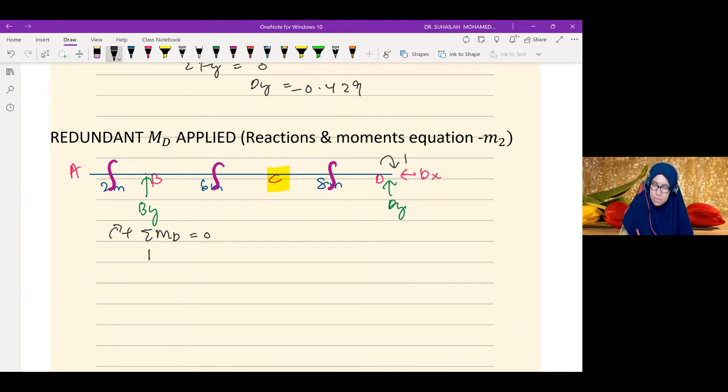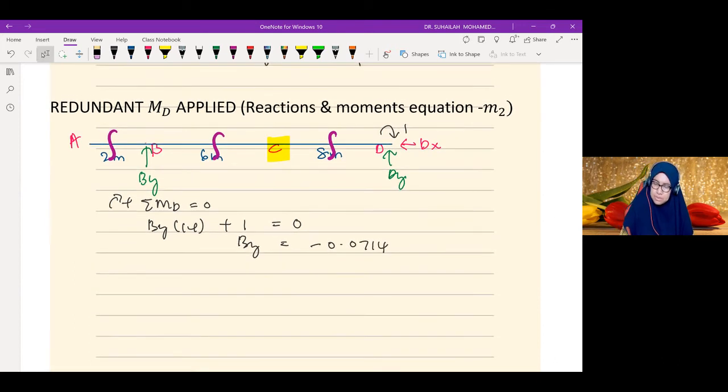It is By times 14 plus 1 equal to 0. So By is equal to negative 1 divided by 14, which is negative 0.0714.